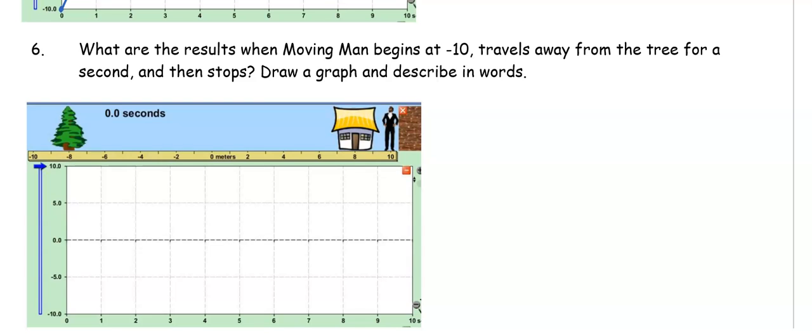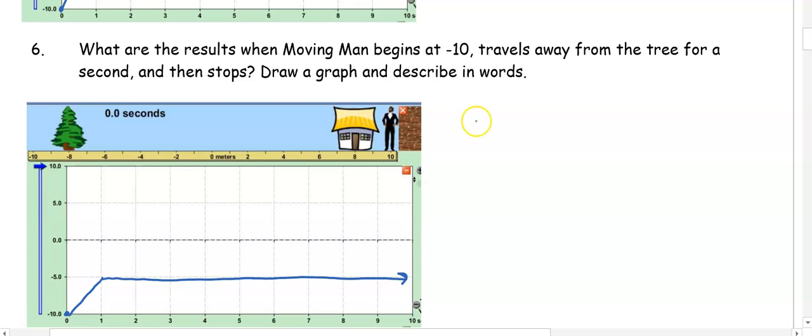What are the results if he starts at -10 and travels away from the tree for a second and then stops? So here he is at -10, he travels for a second where that line is, and then he stops. So when he stops, it's going to be a flat line.